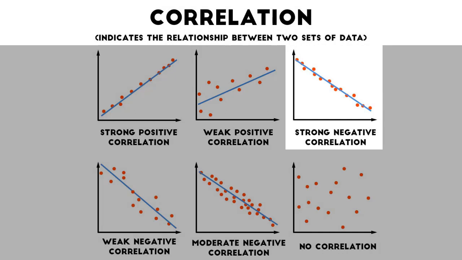Then there's strong negative correlation, and strong negative means that one value has the opposite of the other value. For example, suppose that you were correlating the number of absences that students had at school and their overall grades.